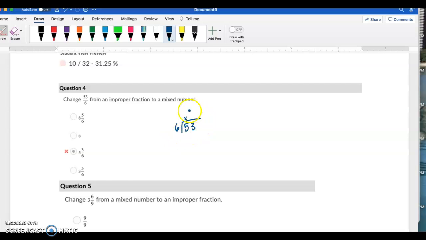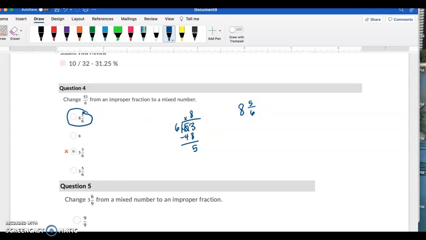That's going to be 6 times 8, and then minus the 48 here. And then we subtract, and we get 13 minus 8, which is 5. And because we're looking to do a mixed number here, we end up with 8 and 5 over 6. So that would be this one here.